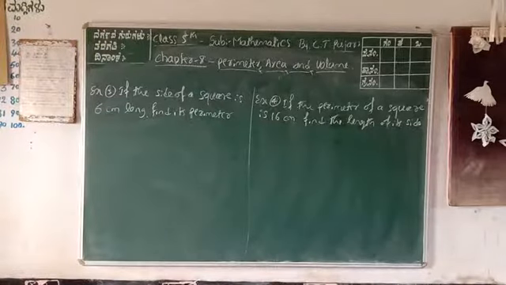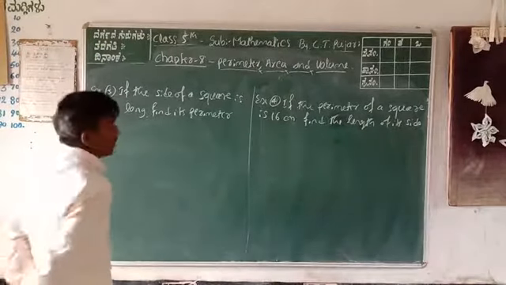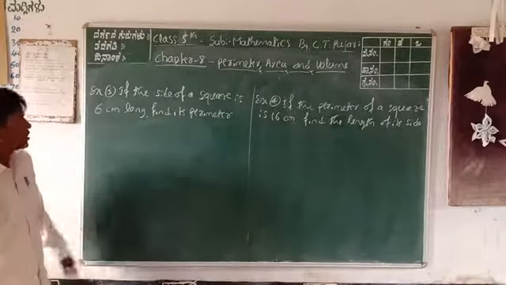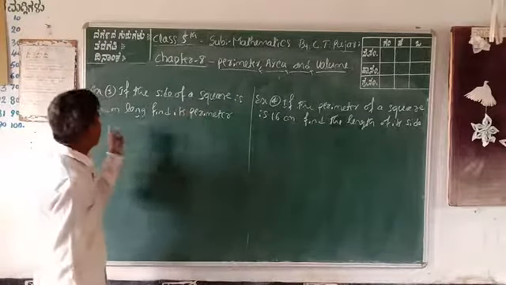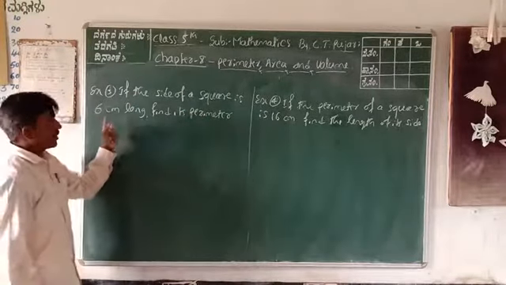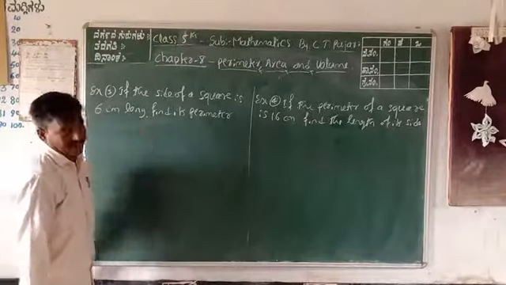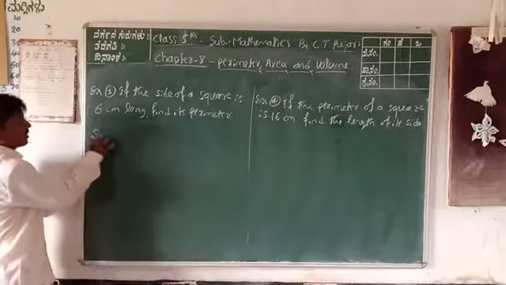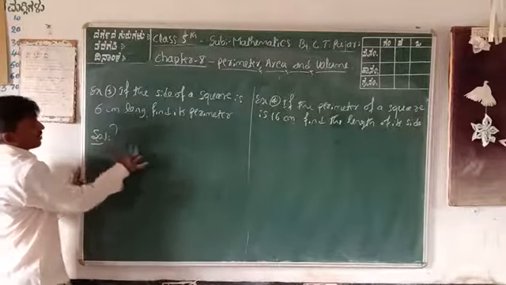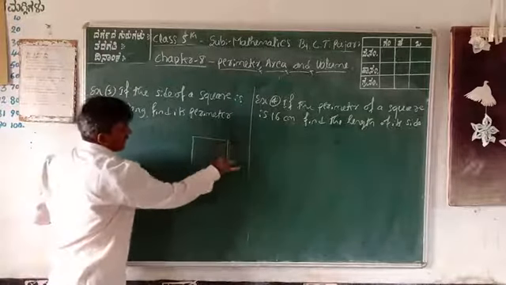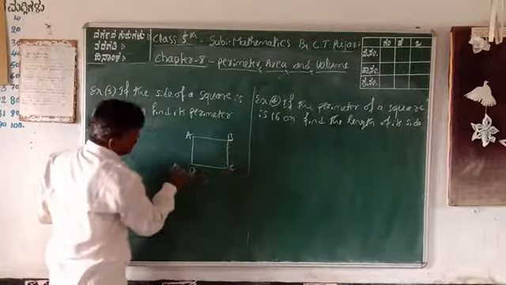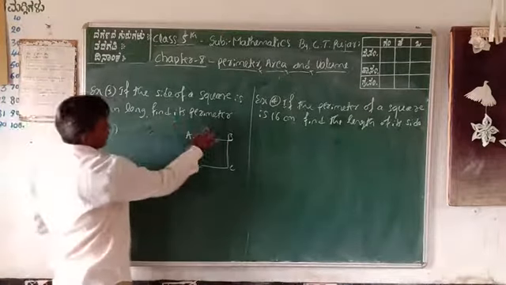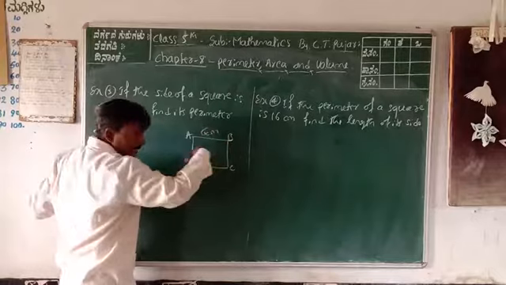Okay, next is to find the perimeter of squares. The third question: if the side of the square is 6 centimeter long, find its perimeter. Solution: very easy. First of all, take the square diagram, ABCD is the square. The side of the square is 6 centimeter, and all sides are equal.